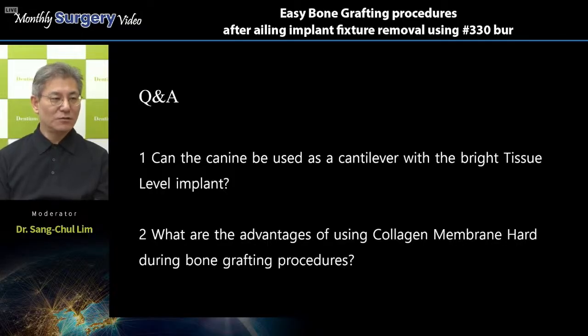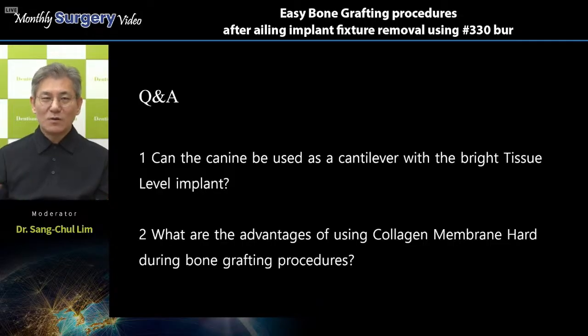Okay, number 2, what are the advantages of using a hard collagen membrane during the bone grafting procedure? Okay, a good question. Basically, when you have a GBR procedure, we need two main components. First one, bone graft materials. Another one, barrier membrane. As you know, there are many different types and kinds of bone graft materials in our market.